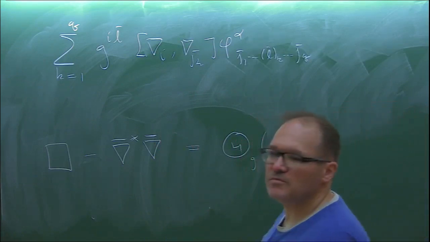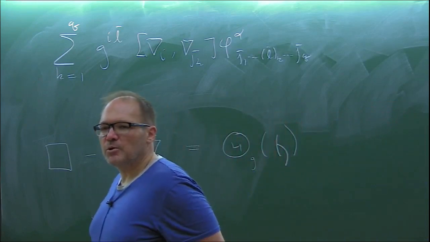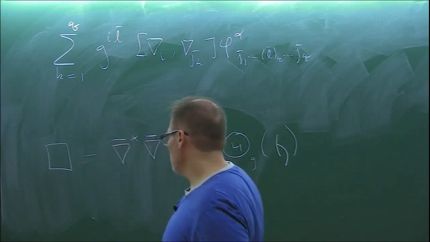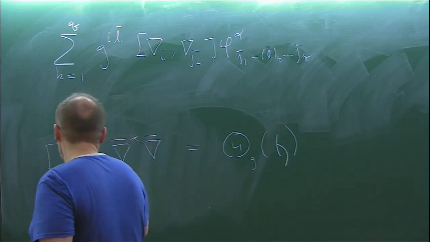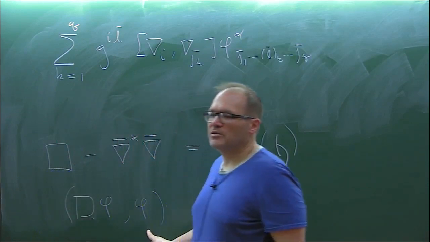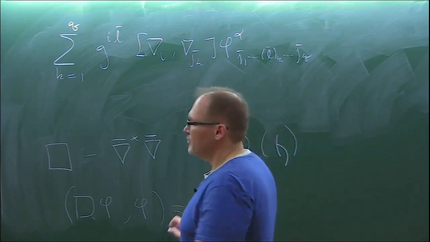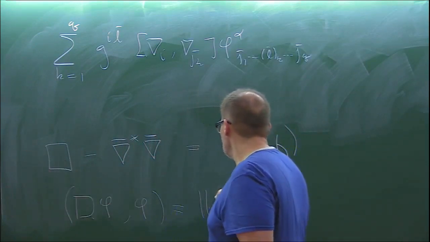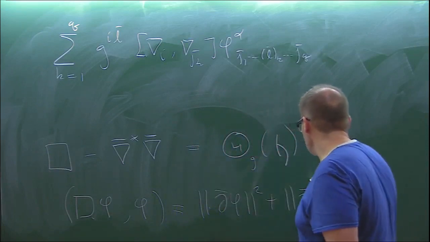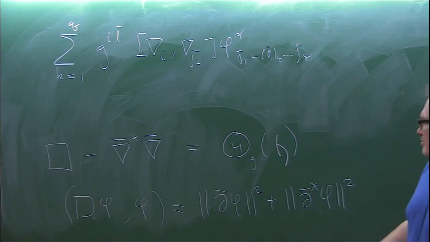Okay, so why is this formula useful? Well, the nice thing about Laplace operators is that they're always non-negative operators. If you apply the Laplacian to phi and take an inner product with phi, this is how you measure the positive definiteness of this linear operator. If you look at its formula, this is going to be the norm of d phi squared plus d-bar phi squared plus d-bar star phi squared, and that's, of course, non-negative.